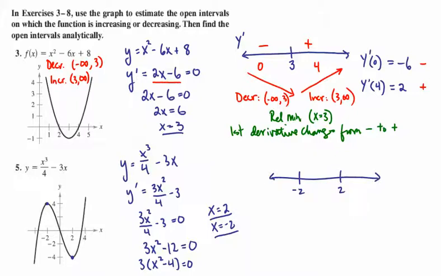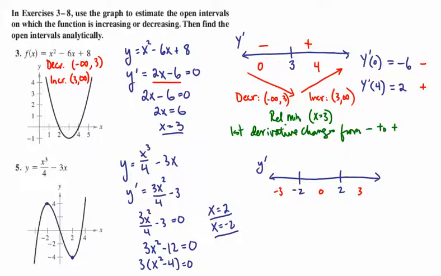That breaks the number line, the x-axis, into 3 intervals. We need to choose a test point from each interval, say negative 3, 0, and positive 3. And again, this is y prime that we're working with here. And we want to find out whether y prime is positive or negative in each of those intervals.